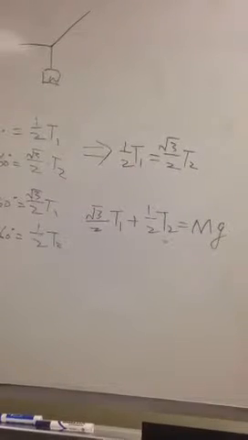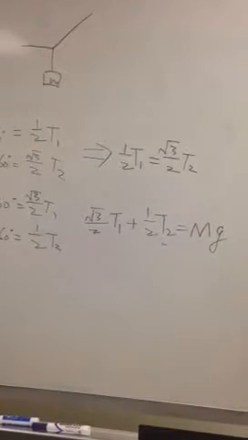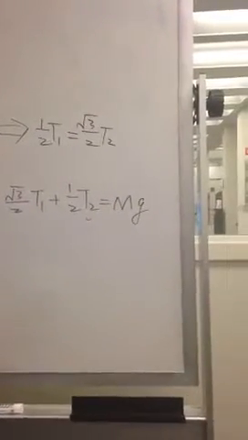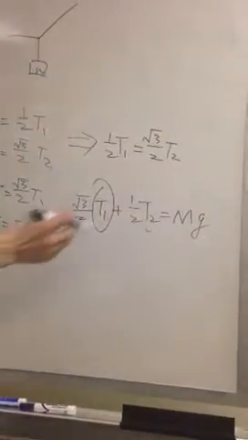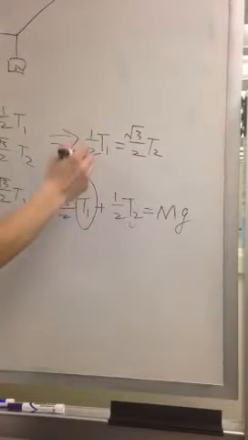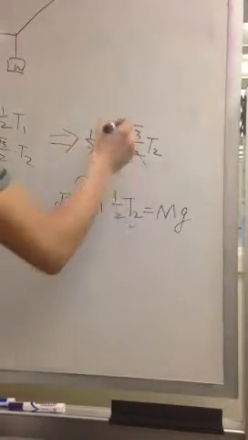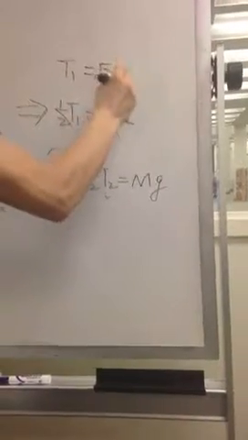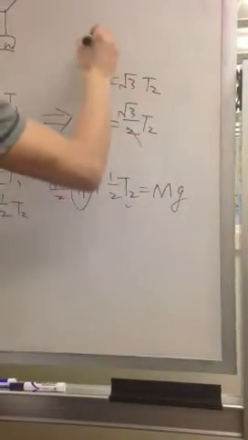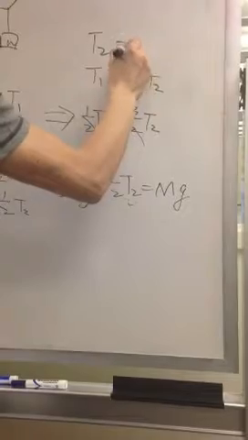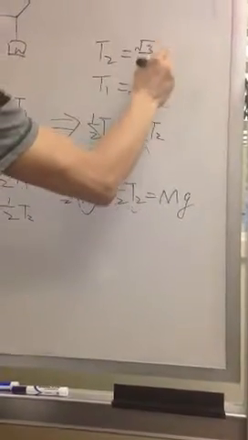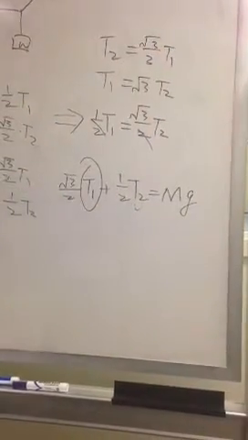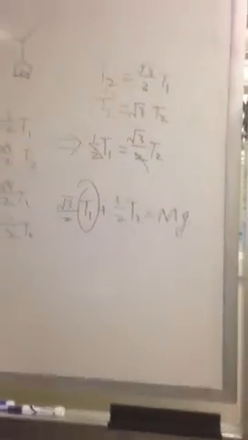They ask us, what is T1? So you just need to solve this for T1. From here we know T1 equals T2, and we know what T2 is.